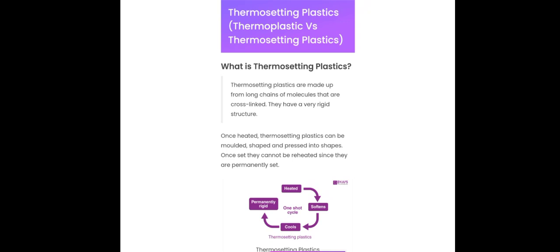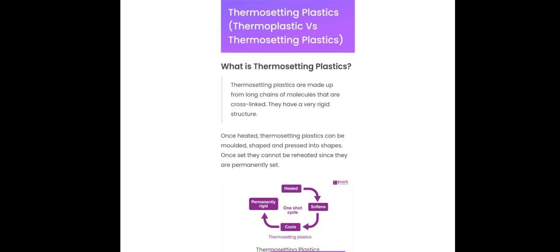That means they melt at high temperature. That's one disadvantage. And the second one is that these plastics are non-biodegradable substances. So this is the second point related to disadvantages.